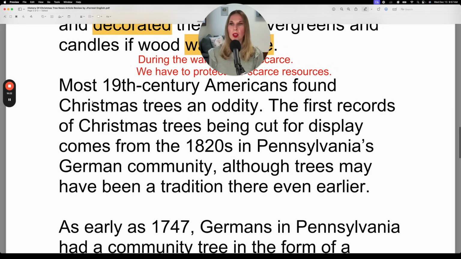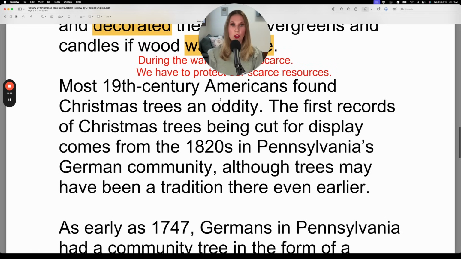Let's continue. Most 19th century Americans found Christmas trees an oddity. Let's talk about oddity. An oddity is something that is strange or unusual. So notice in the past, in the 19th century, Americans, so people here in North America, they thought Christmas trees were strange, were unusual. Clearly, that's not the case today, thanks to Germans.